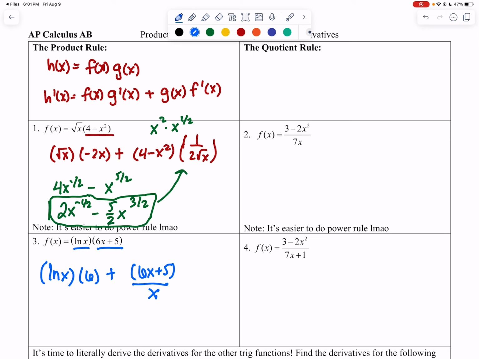All right, the quotient rule. So let's say that instead of us multiplying two functions together, let's say that we are dividing two functions. So let's say that we have f of x and g of x.